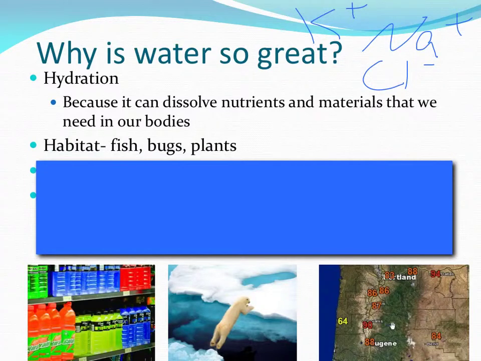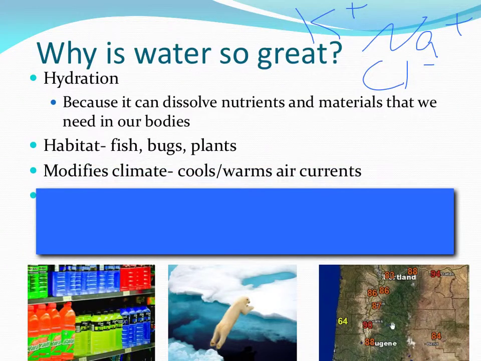Habitat, duh, right? Lots of things live in the water, fish especially, but there's a lot of aquatic insects, a lot of aquatic plants, not to mention bacteria and tons of other things. Another really, really interesting thing about water is that it modifies the climate very, very well. Again, because it's a polar molecule and those molecules are attracted to each other, it takes a lot of energy to change water's temperature. And as an example of this, just think of our climate here in Oregon.